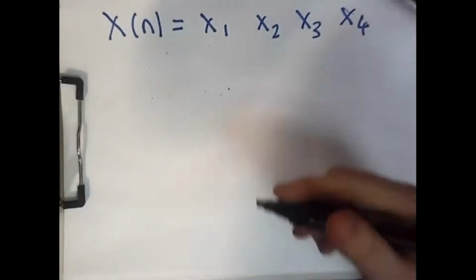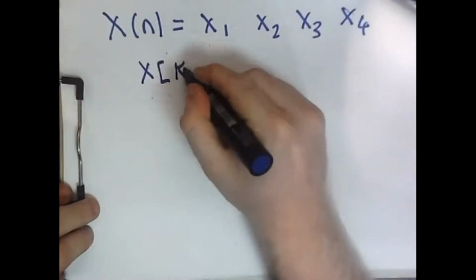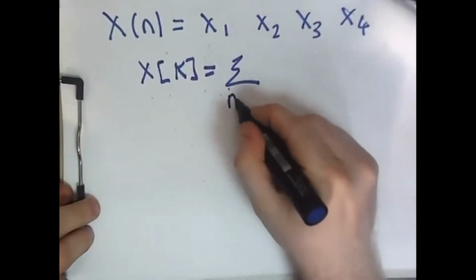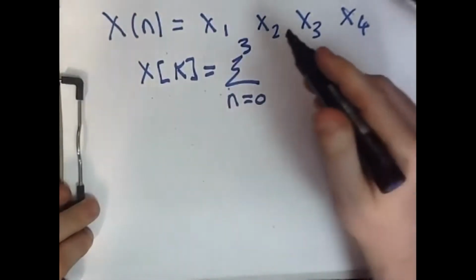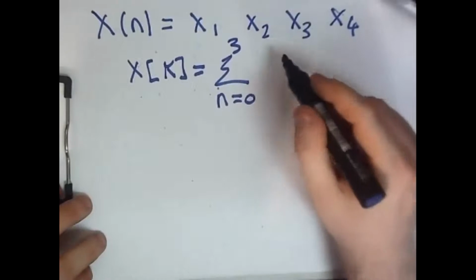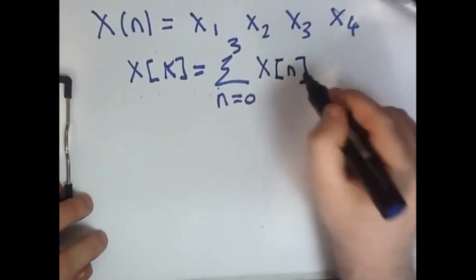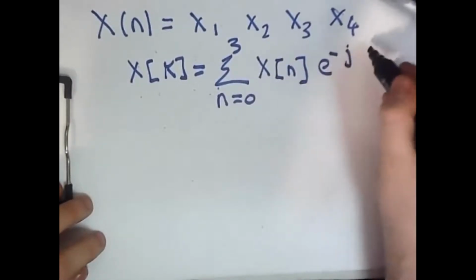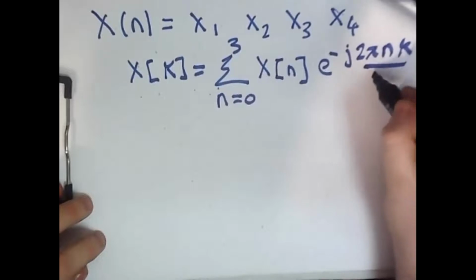Okay, so let's first start writing the equation. X[k] is equal to the summation from n equals 0 to n equals 3 of x[n] e to the power minus j 2 pi n k over 4.